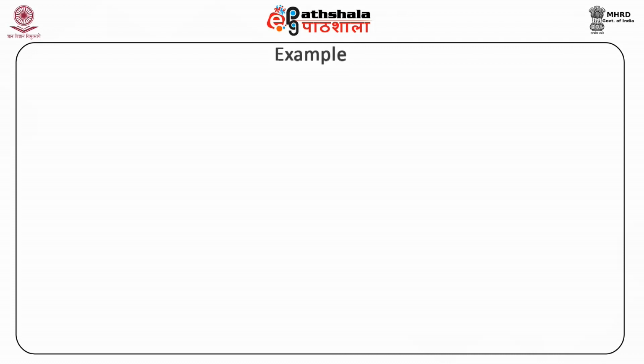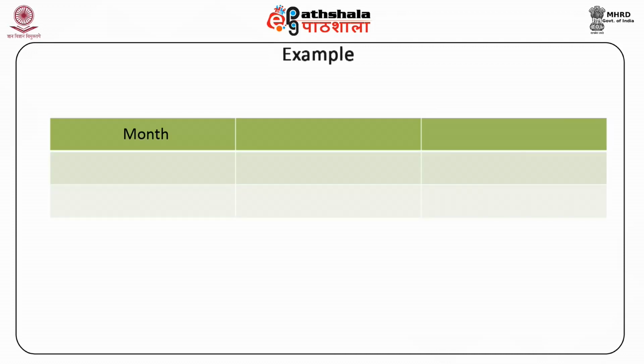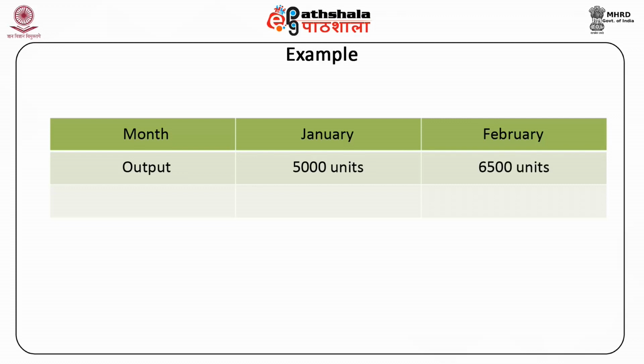The information for the 2 months, that is, January and February, is given as shown in the table. The output is 5,000 units and 6,500 units for the months of January and February respectively.